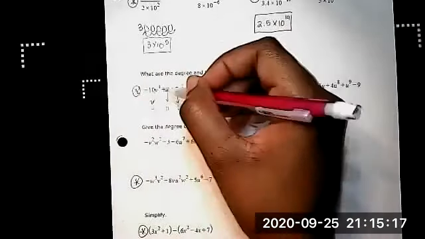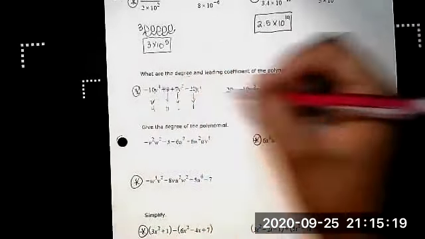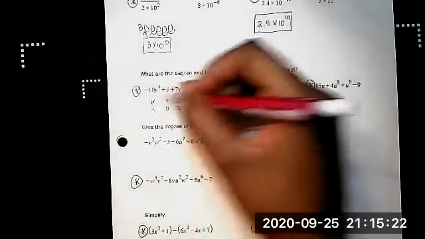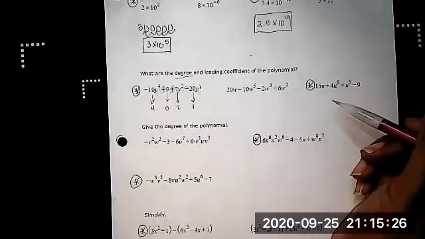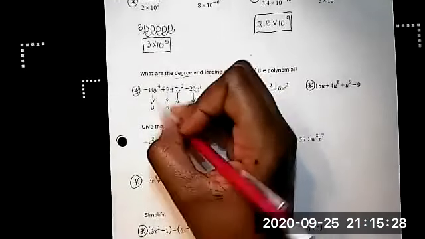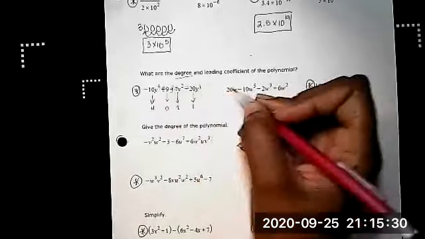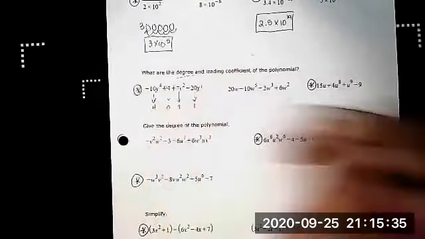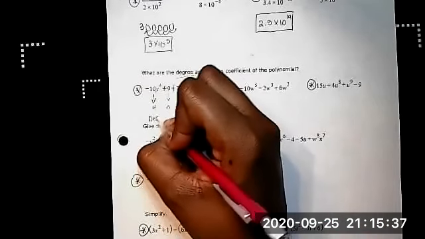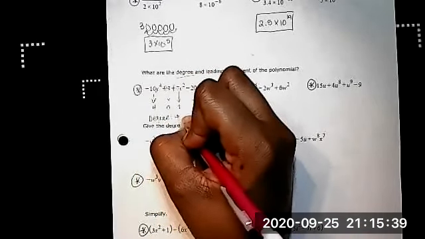So what is the degree of the entire polynomial? It is the degree of the term with the highest degree. That's 4, so if they ask you for the degree, we'd say 4.